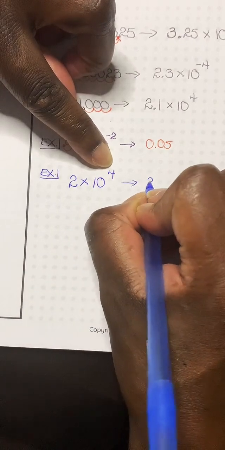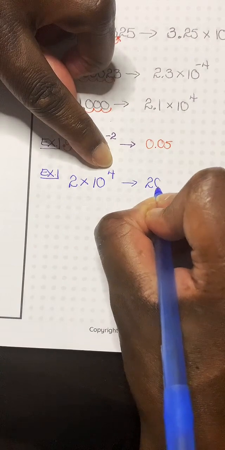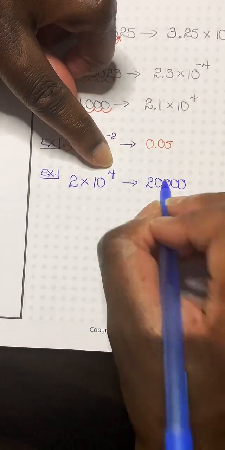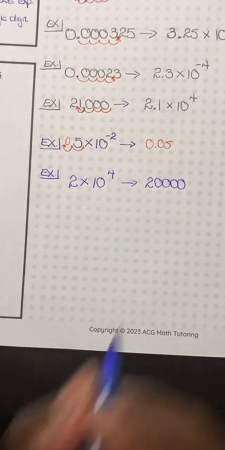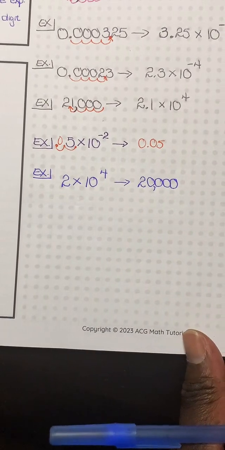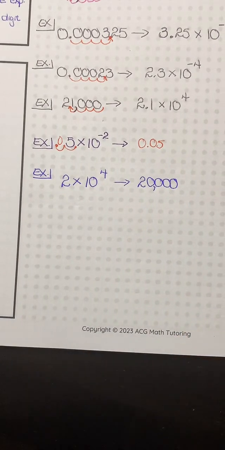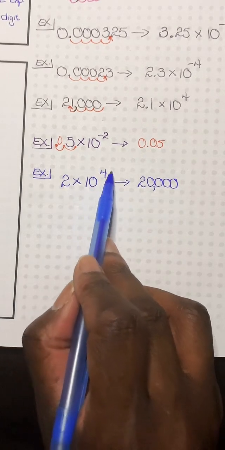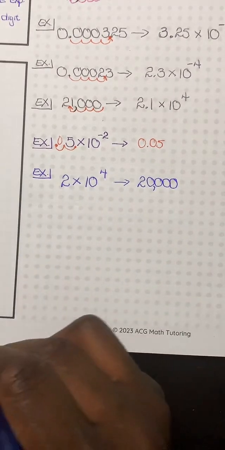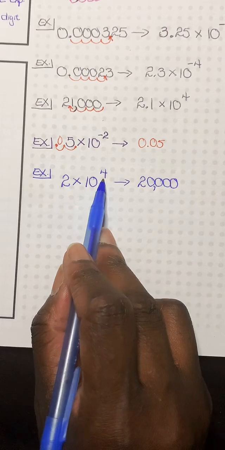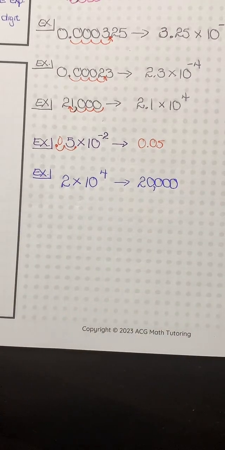If I bring down my 2, and then I add my 1, 2, 3, 4 zeros, that will get me to 20,000. Okay. Good. So it's kind of like when you see numbers like this, it will tell you how many zeros you need to add. If you don't already have a decimal up here, that tells you how many zeros you need to add. Little shortcut.